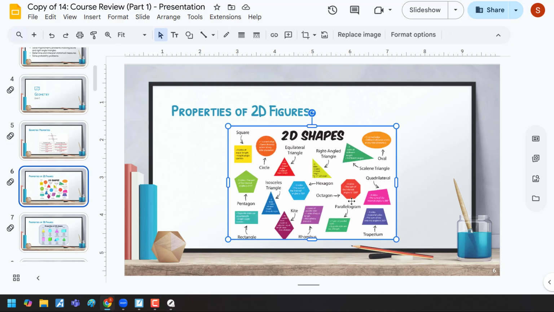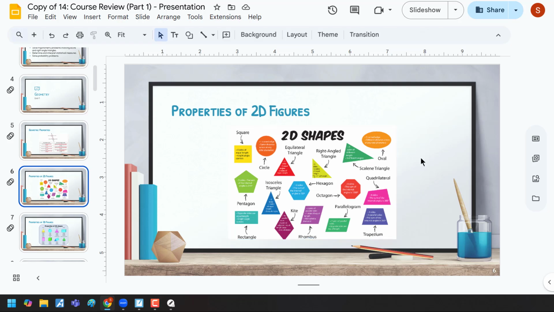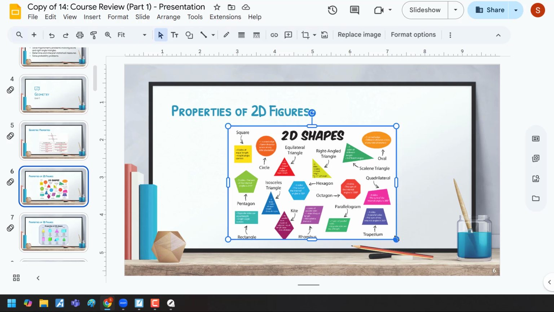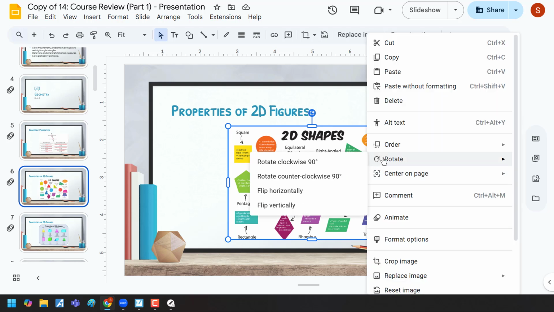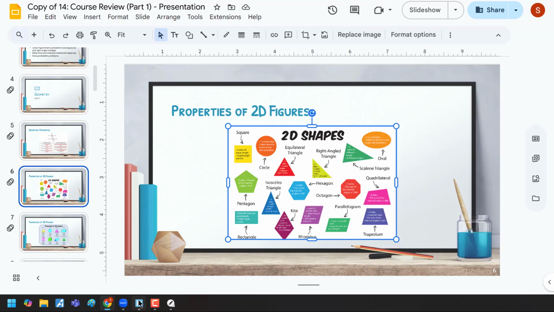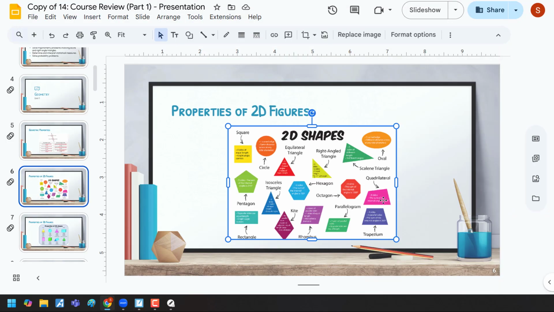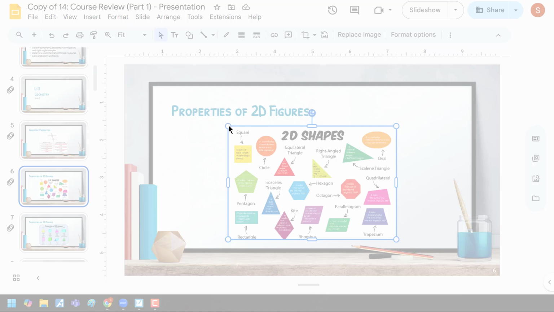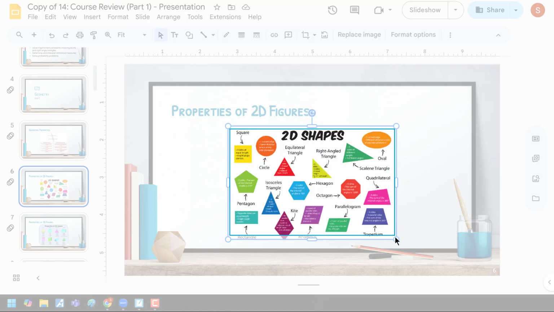All right, here we got some 2D shapes. Let's see if I can... I'm not sure if this will work.